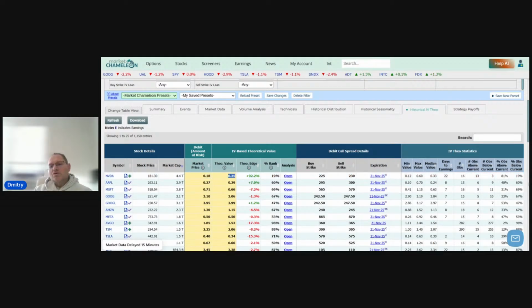So we could see that if we just took 18 cents, 81% of the historically priced similar call spreads would have been priced above this value, 19% below. So right now, this spread is priced on the lower end of its historical range, or the lower end of its implied volatility historical range.